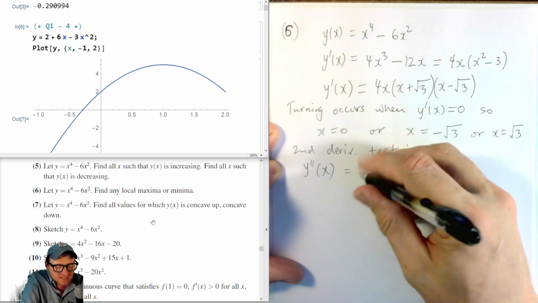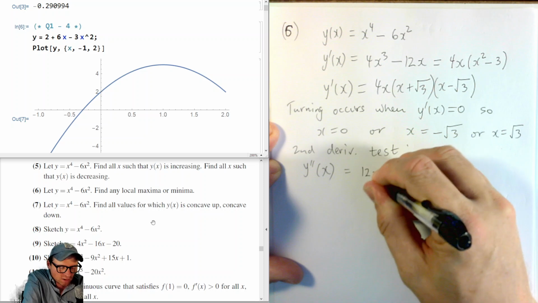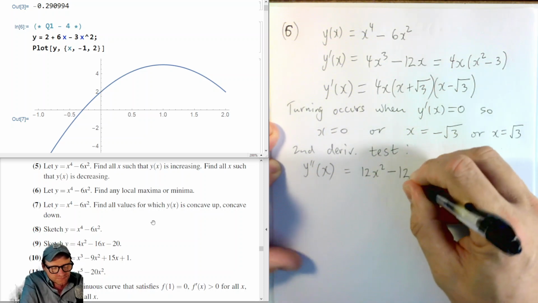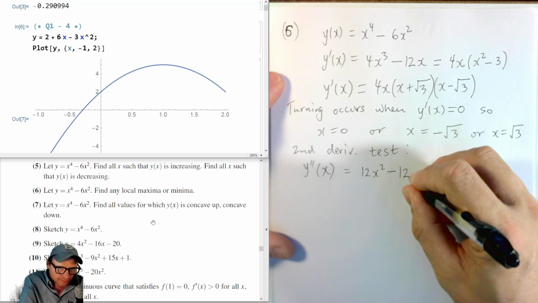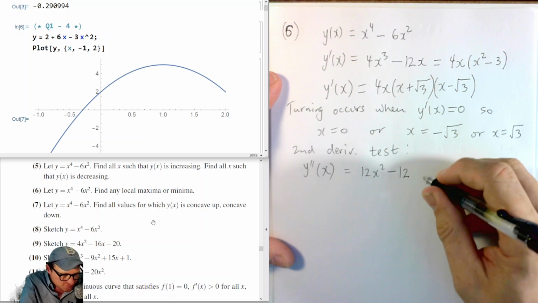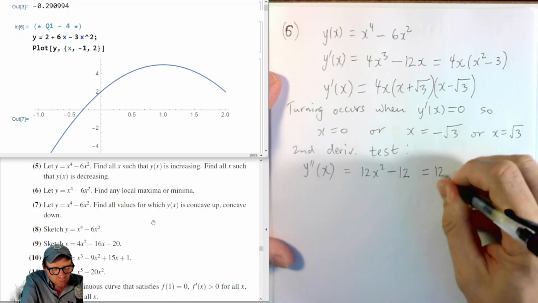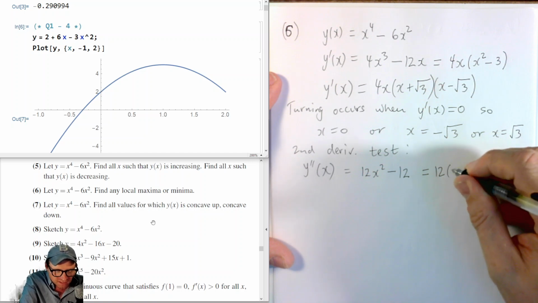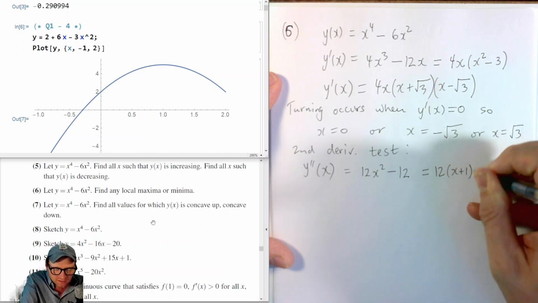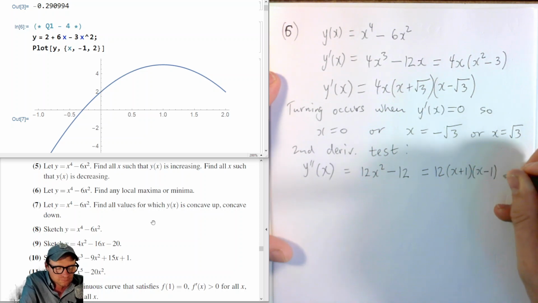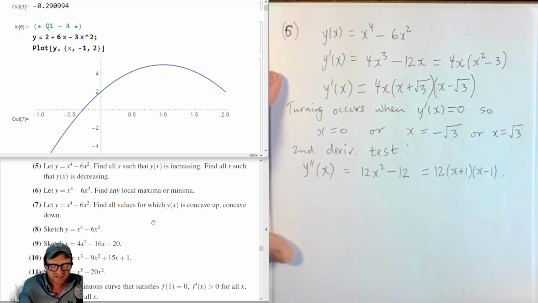So the 3 comes down, so we have 4 times 3 is 12, x squared minus 12. All right, and so it might help to have a factorized form of this also, so I can pull a 12 out, and then what remains is x squared minus 1, but I can factorize that as x plus 1 times x minus 1. Okay, so here's our second derivative.